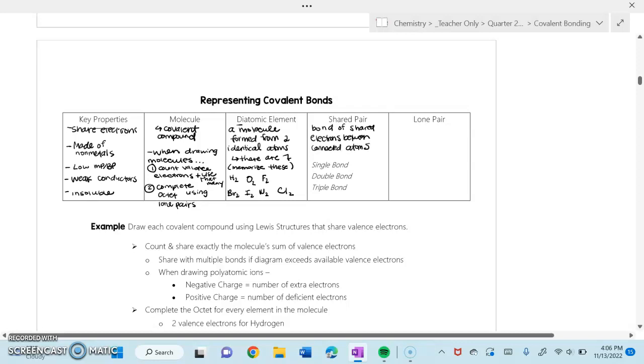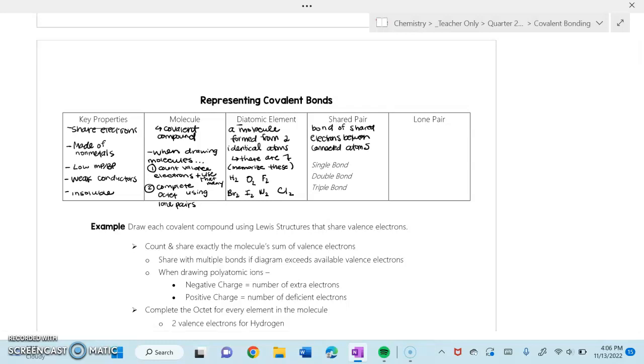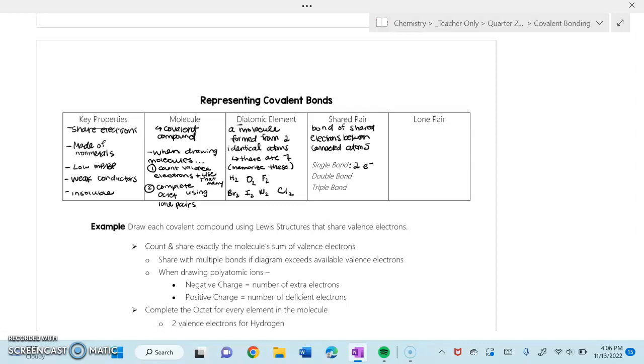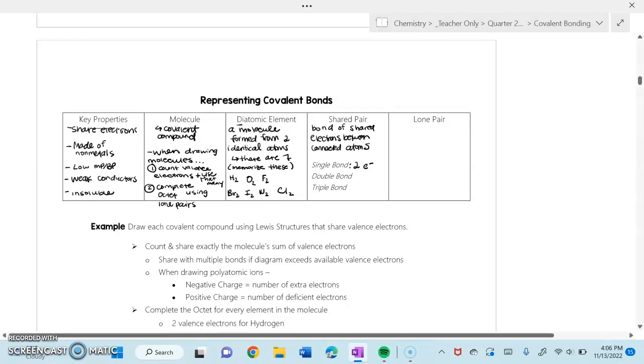So a shared pair contributes all the shared electrons to both atoms that they connect. So a single bond represents 2 shared electrons. That means both atoms that are connected by the single bond get 2 electrons from that bond. So in a way, it's contributing 4, 2 to each atom, although it represents just 2 when you count the valence electrons. It is shown just as a single line connecting the 2 atoms.